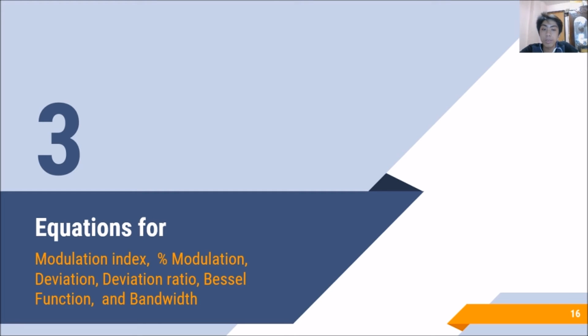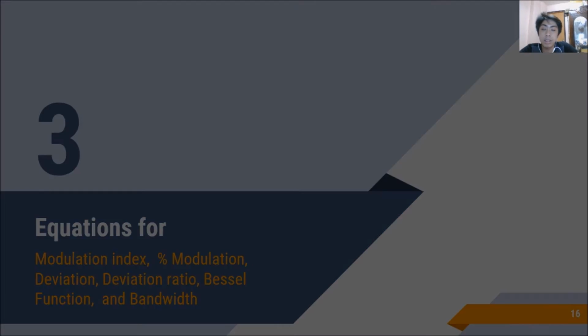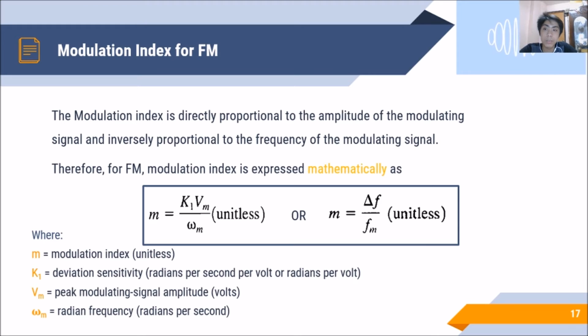So we can now have the equations for the modulation index, percent modulation for FM, the deviation ratio, and Bessel function for FM, and the bandwidth. First, here we have the modulation index for FM.